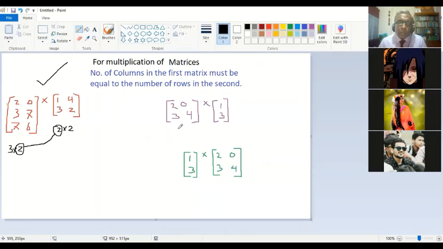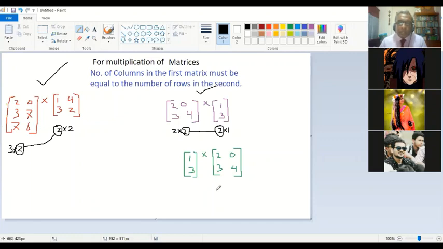The violet one, the structure is 2/2, and the second structure is 2/1. So the number of columns in the first is 2, and the number of rows in the second is also 2. So they are the same.